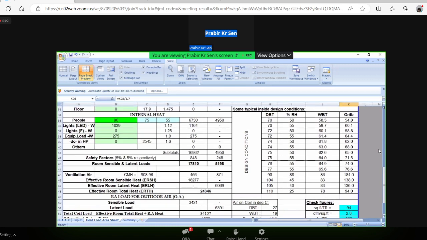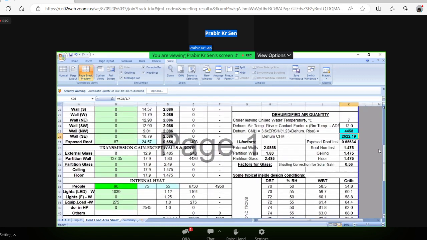Where is K25? The dehumidified air quantity has come from the ESH, equivalent room sensible heat, ERSH. So from ERSH, I calculate the dehumidified air quantity here.